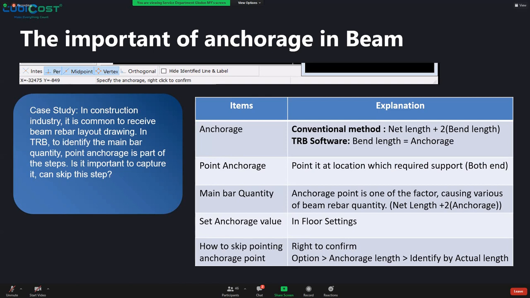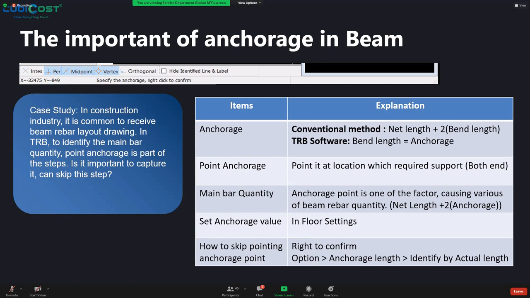What about the T-junction, or should I say the center of the cross? Do I need to point anchorage there? The answer is no. Normally, at locations that require a bend, you need to point anchorage. So what about the main bar quantity?